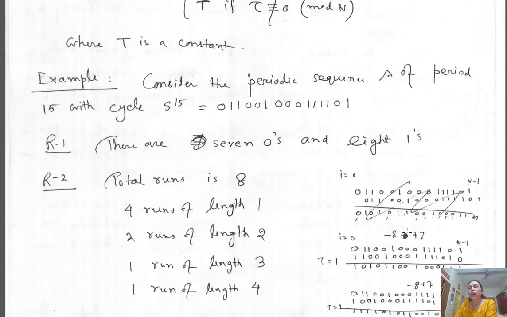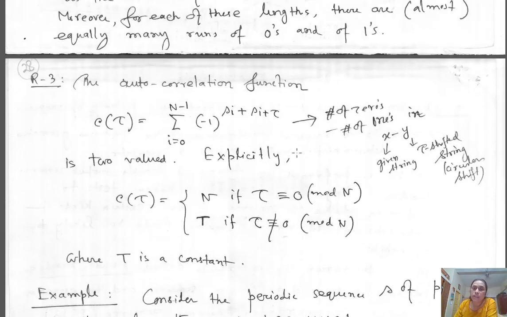So in your given string x, the ith position is Si, and the tau shifted string we call y, and it is essentially a circular shift. We are moving tau positions, shifting this bit string by tau positions, so we get y.